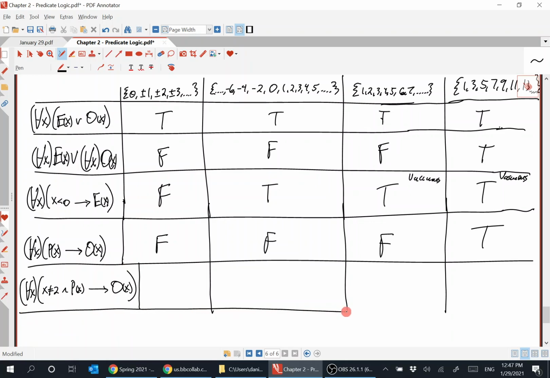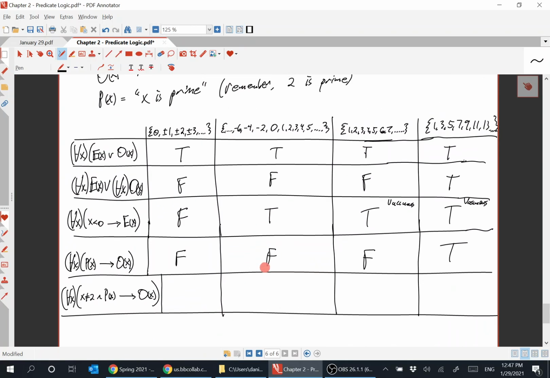Well, what about here? Since x equal to 2 is the only exception to the odd prime rule, here it's going to be what? If x is equal to 2 and x is prime, well, when is an implication false?